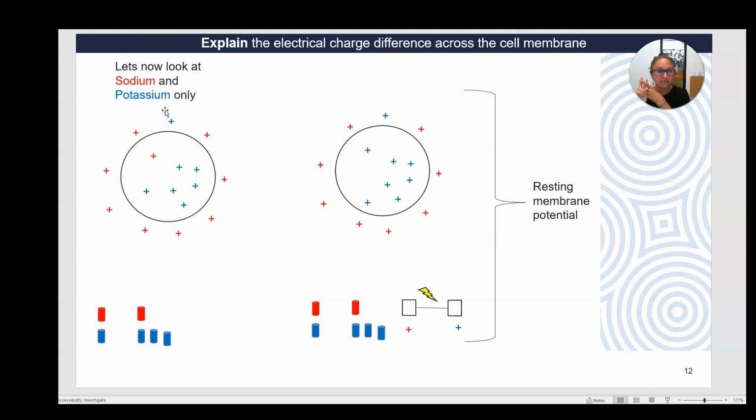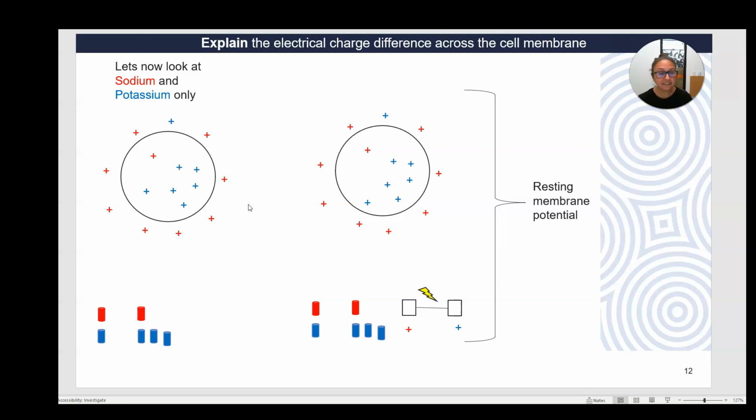They're the only ones we want to focus on moving forward for this section. So sodium and potassium both have a positive charge. The sodium ones here are the red ones, and the potassium ions here are the blue ones. What can you tell me just by looking at this already about the difference between the two?